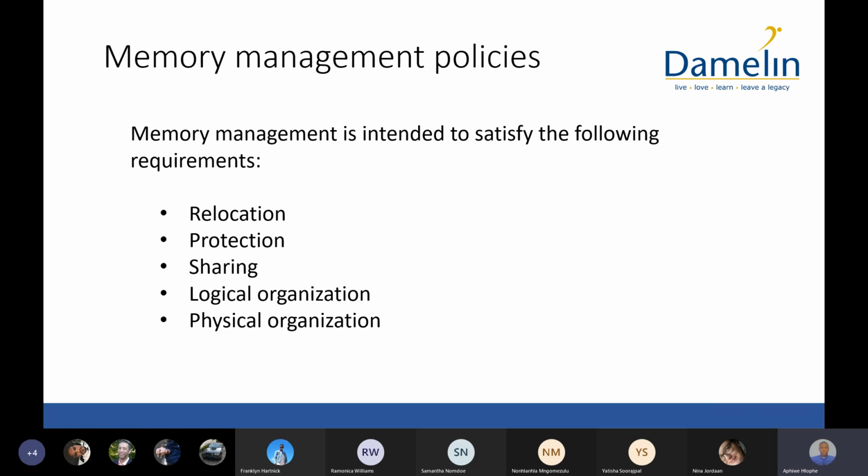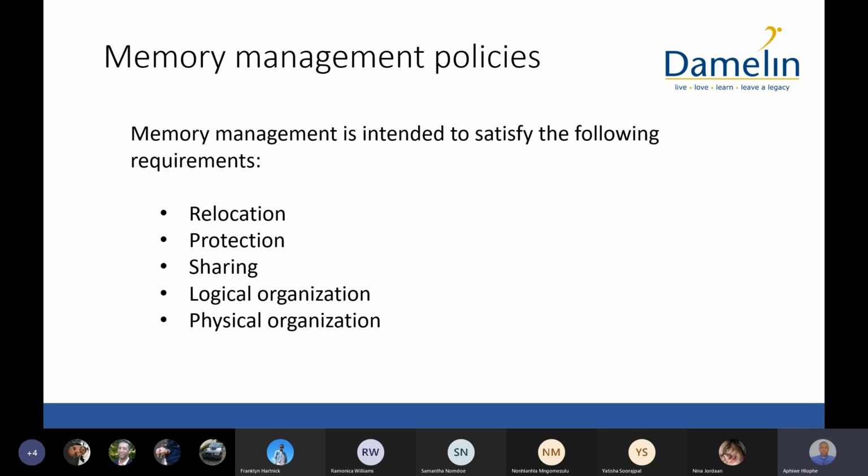So also, we said there are these memory management policies that we expect of an operating system to have efficient or effective memory management. These are relocation, protection, sharing, logical organization, and physical organization.